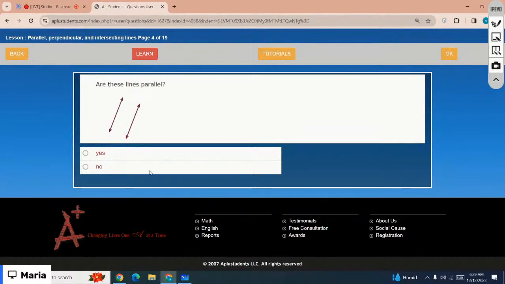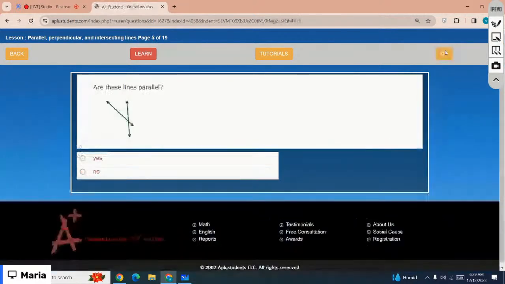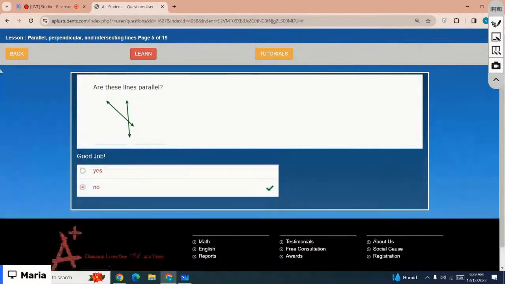They never intersect each other, so they are parallel. Are these lines parallel? No, they are intersecting lines, right? Okay, you can complete the lesson by yourself later today.